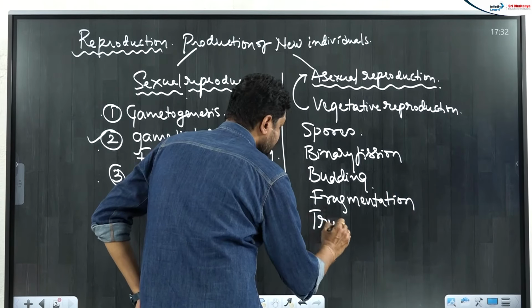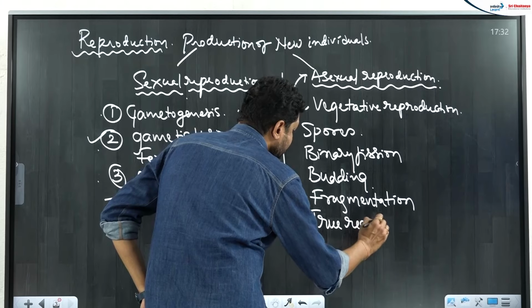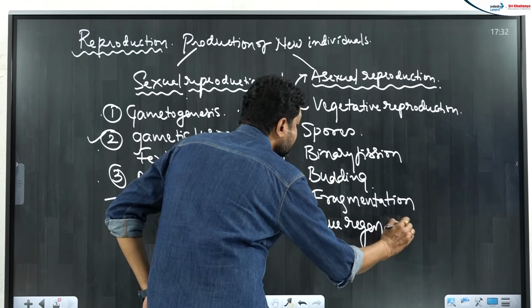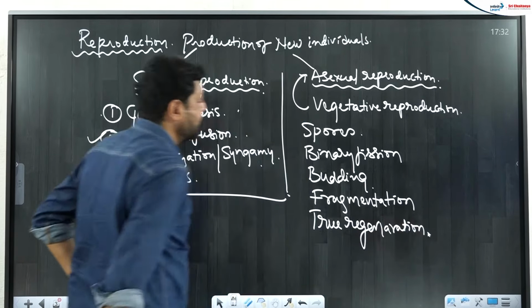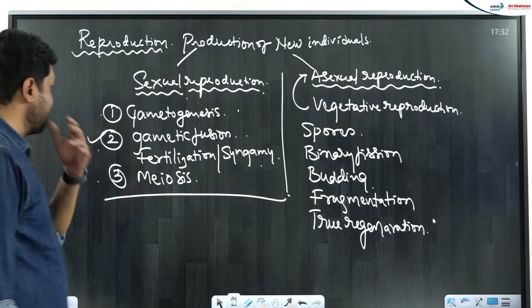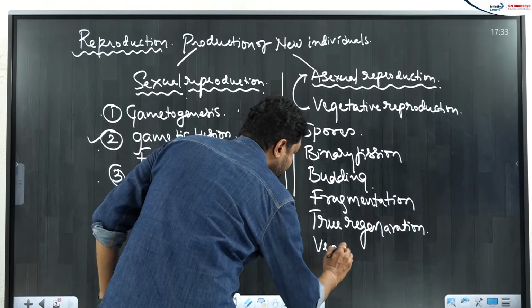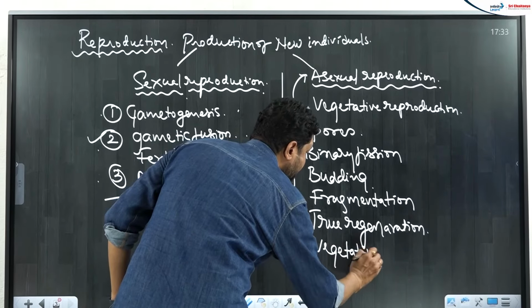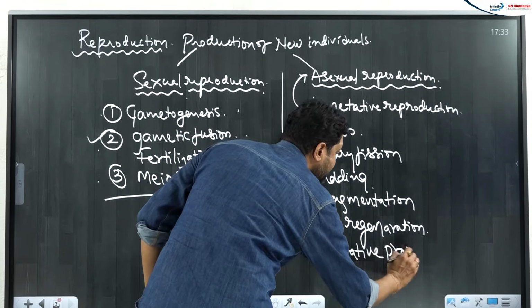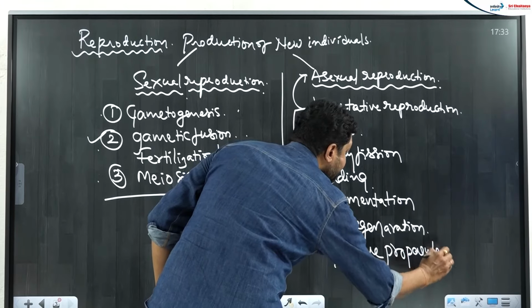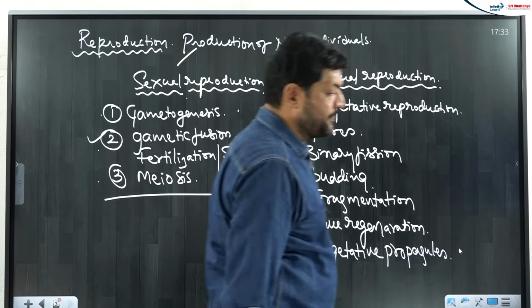true regeneration, and by forming the vegetative propagules.